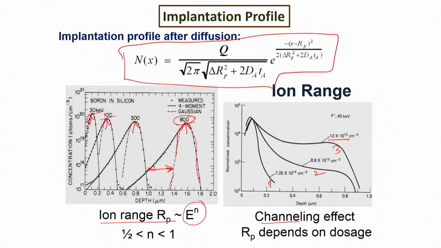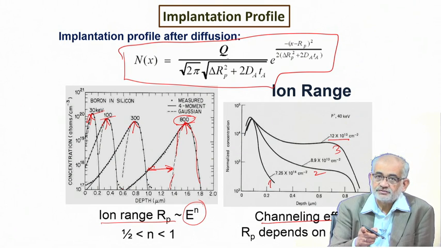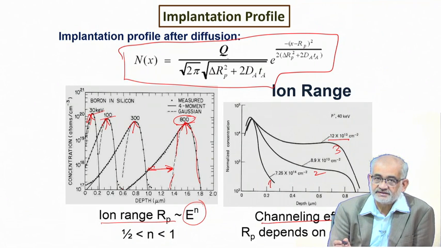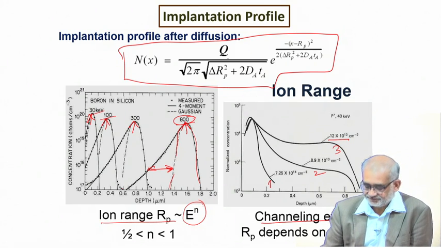And this is because of the so-called channeling effect. Some of the ions will find their way to go deeper before encountering the first collision event. So as a result, they manage to find a greater degree of channels which allow them to penetrate deeper.